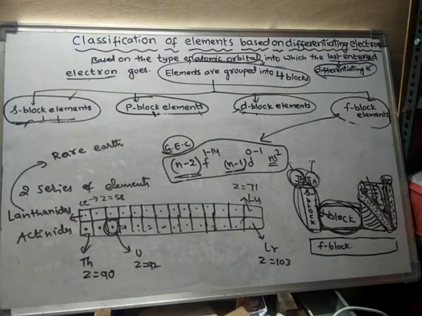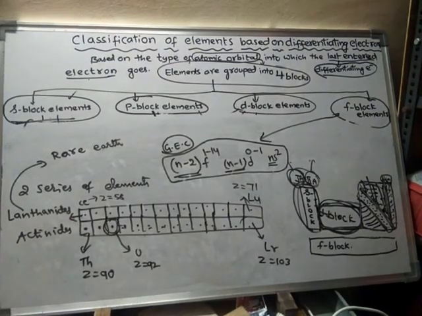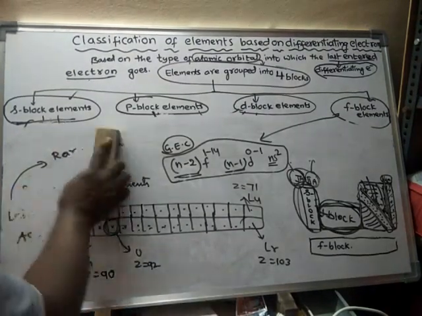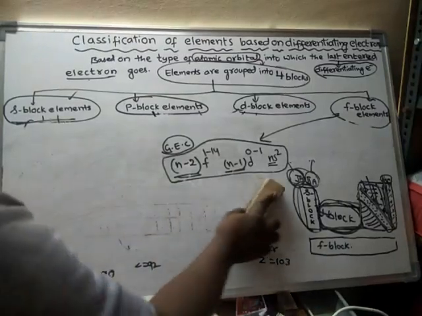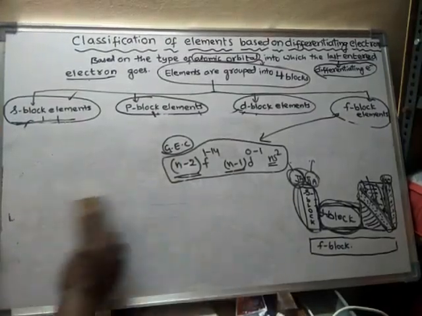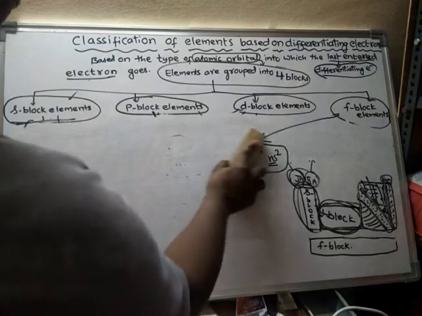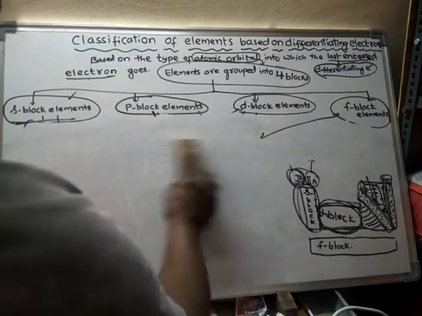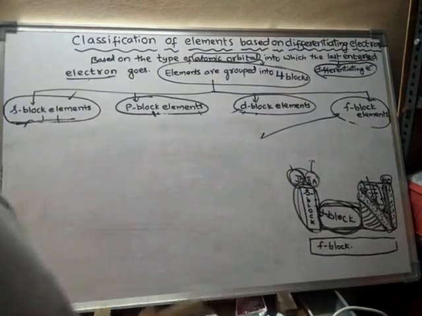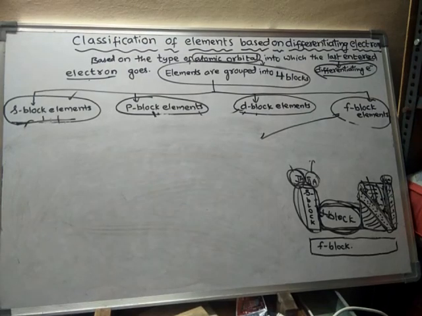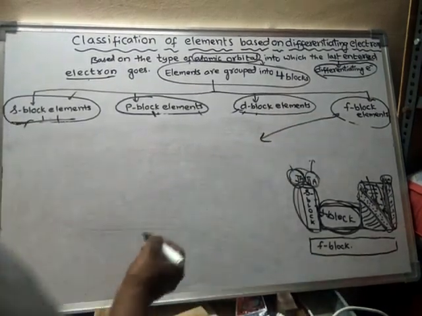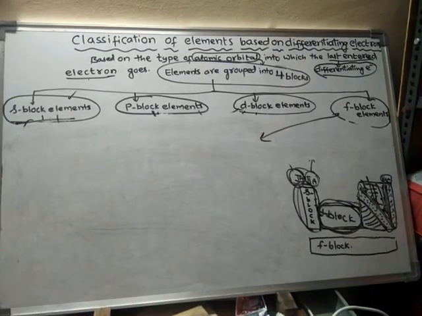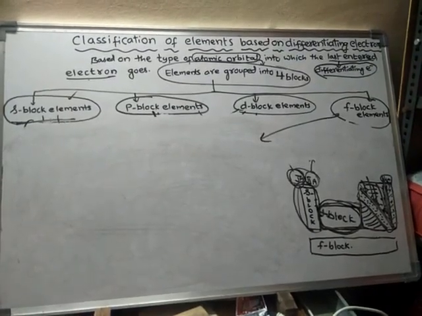If you speak about the general characteristics of F block elements, how many F block elements are there altogether? There are 28 F block elements, which are present in two series, the lanthanide series and actinide series. Each series contains 14 elements, right? See, F block elements are hard metals with high melting points.